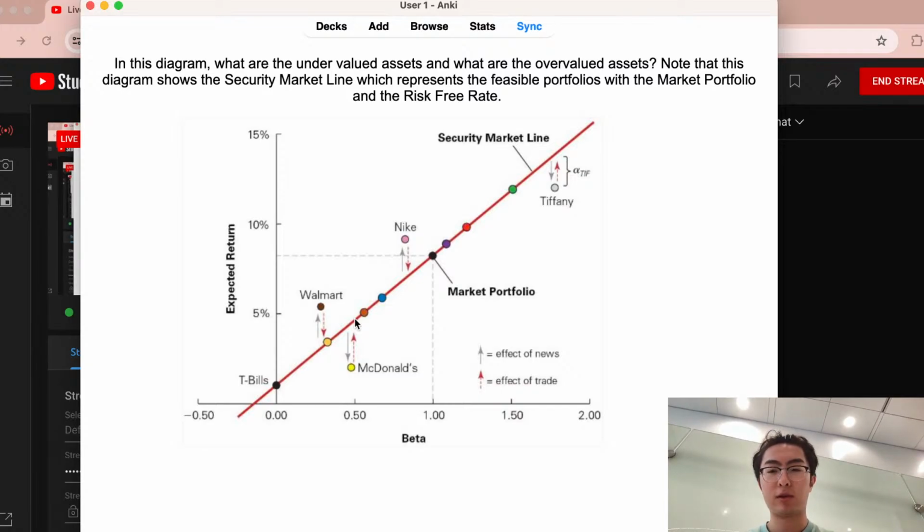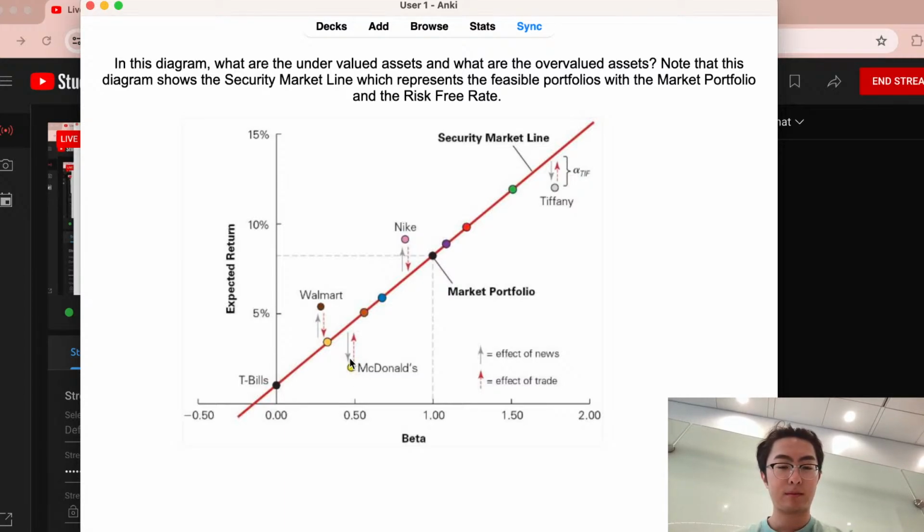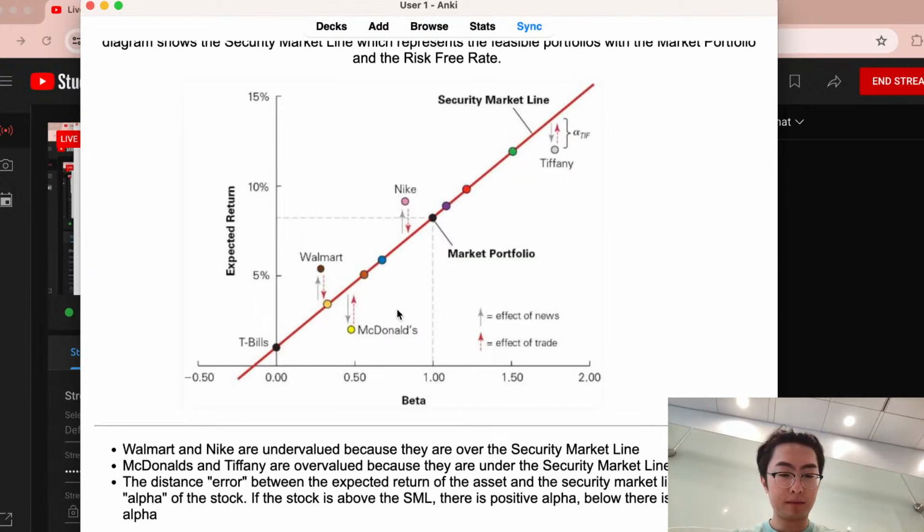And so in order to push this stock onto the line, you would have to sell this, and then in order to push this towards the line, you need to buy it. It's a big idea. Oh, Tiffany here. All right.